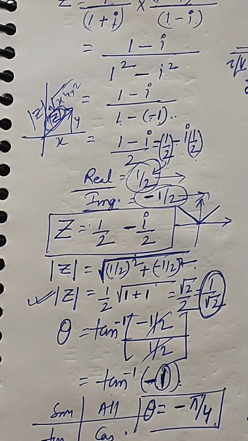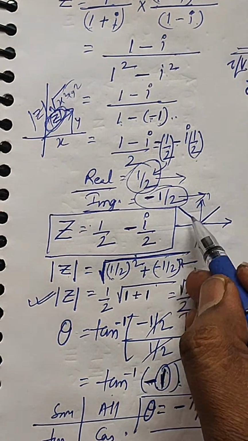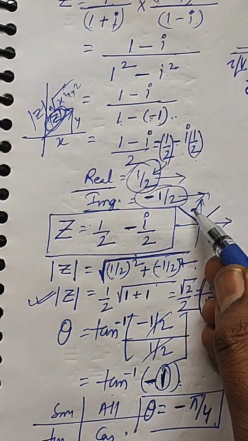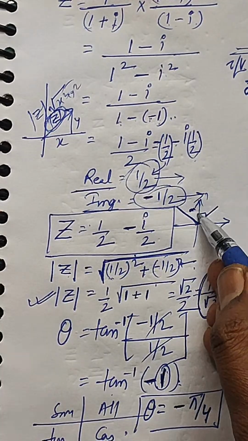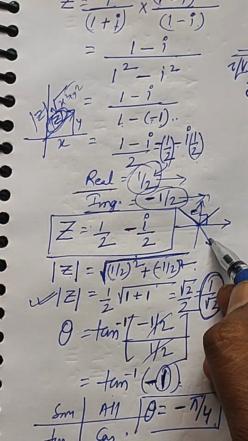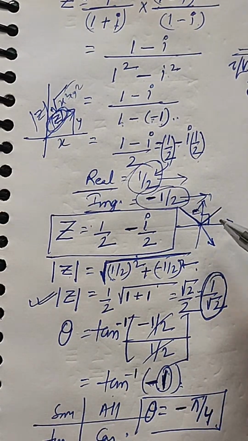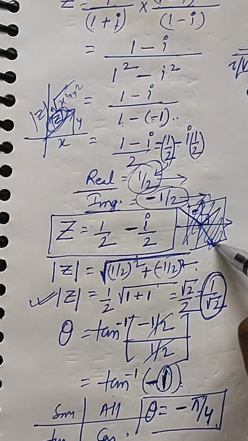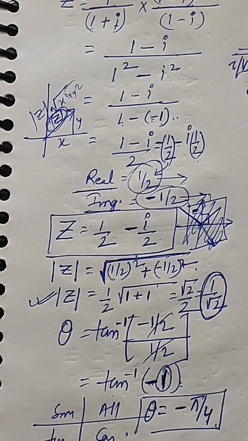Because in this quadrant it can be negative, so not here, because it will be pi plus something, right? It can come over here, into the fourth quadrant. So we'll see the representation separately in the next class. So just leave this one. We will see just the modulus and argument for today's class.